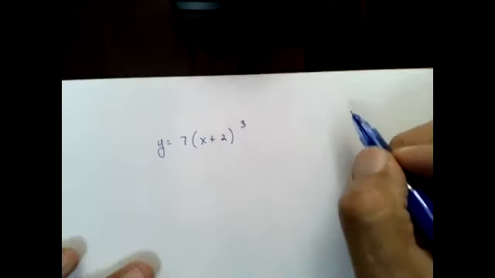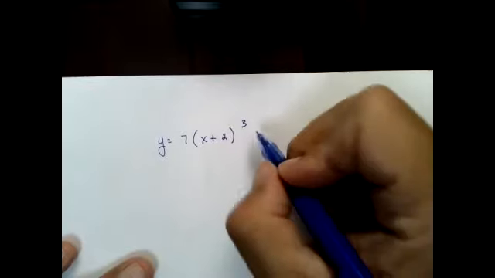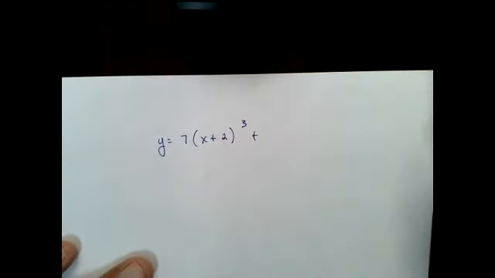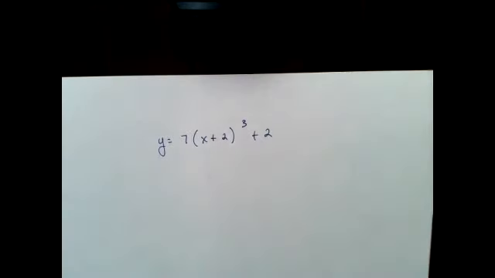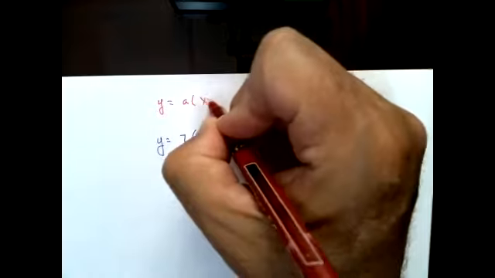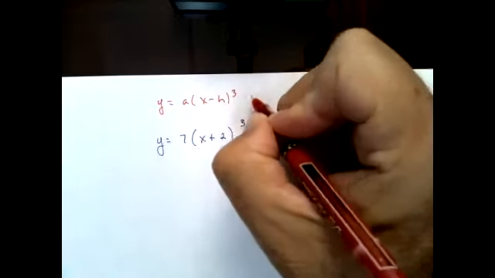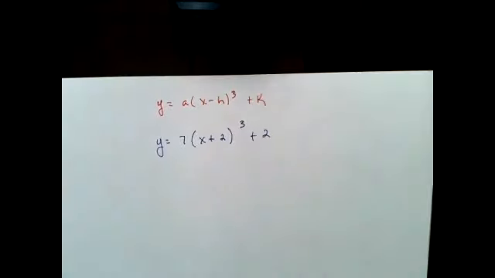Cubed, plus or minus? Let's do plus again. Small number. 2. Y equals a times x minus h cubed plus k.